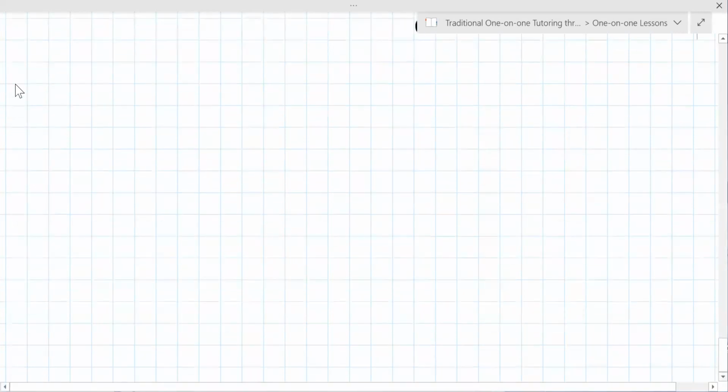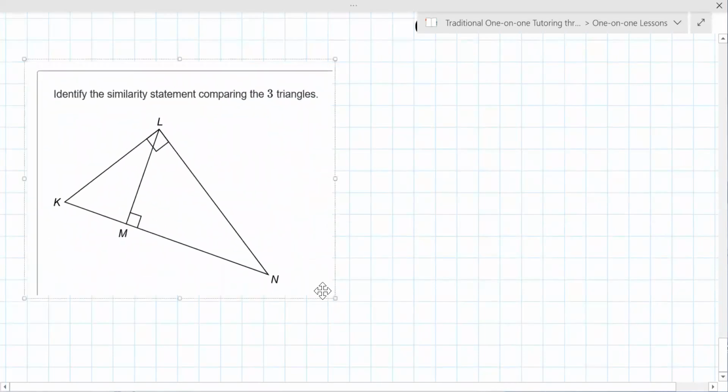We've done this problem a bunch of times, but unless you have it in your notes, we have to redraw it.